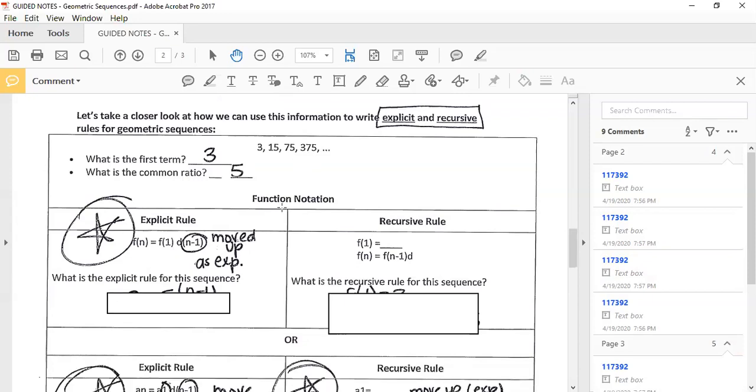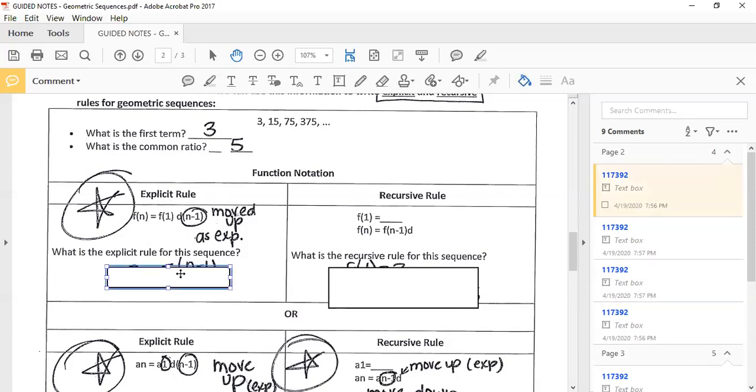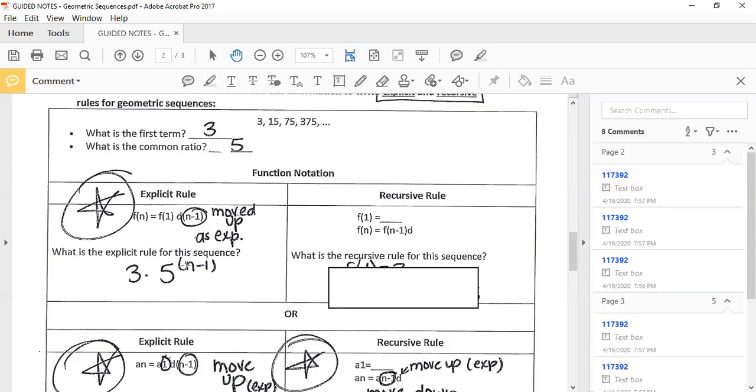All right, so if I'm dealing with an explicit rule, again, here's another typo. You're going to do f of 1 times your common ratio to the n minus 1 power, okay?